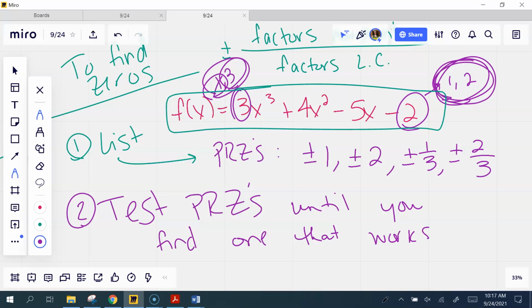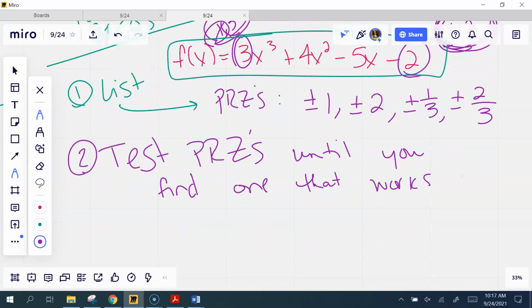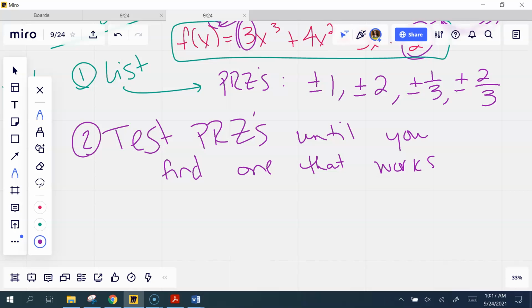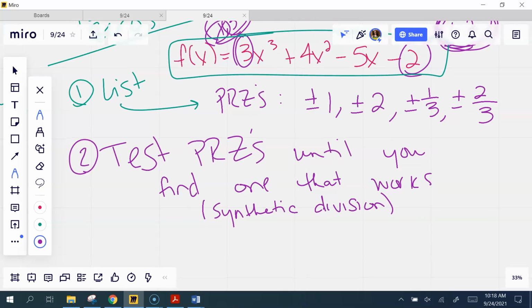Since I'm being asked to find all the zeros here, instead of plugging in, I'm going to use my synthetic division. And I'll show you why this matters in a minute. So start trying them. See what you get. See what you can come up with. Which one works?